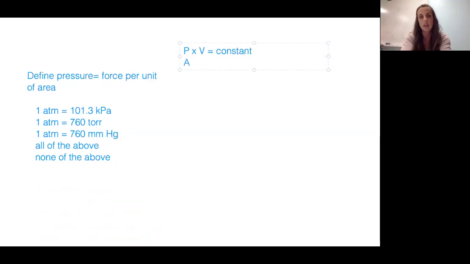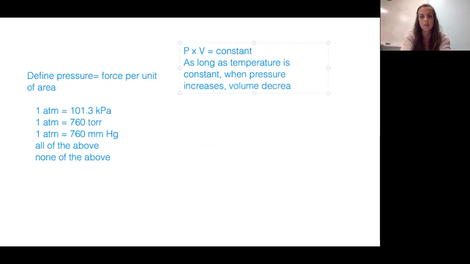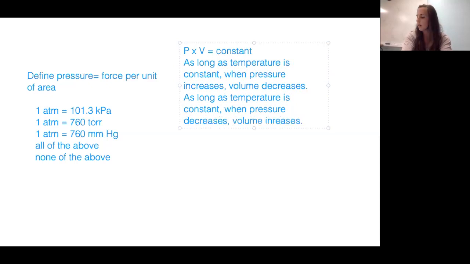You can say as long as temperature is constant, when pressure increases, volume decreases. You can also say as long as temperature is constant, when pressure decreases, volume increases. Three different ways you can write it.